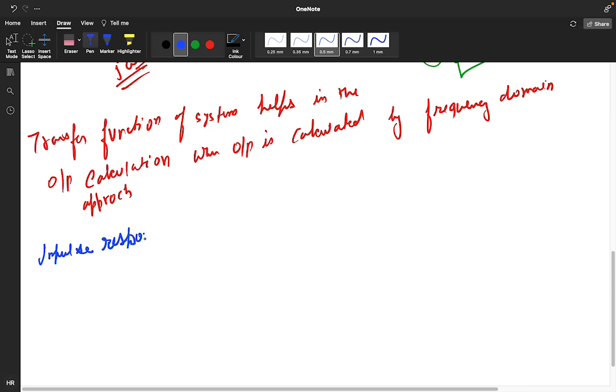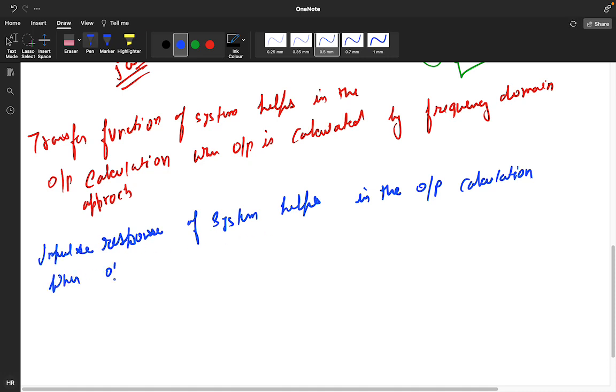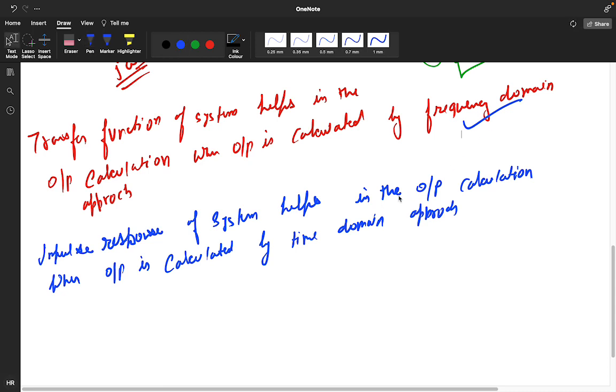Impulse response of system helps in the output calculation when output is calculated by time domain approach. Which is easier? This one is very easy. Okay, we have two ways to do these things.